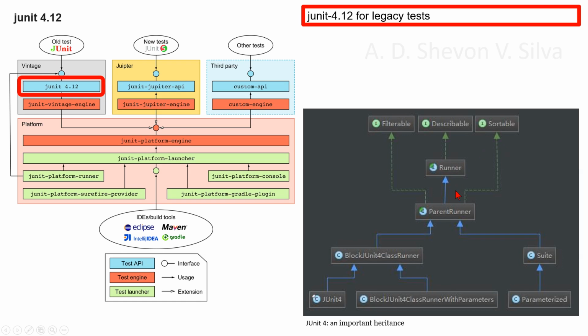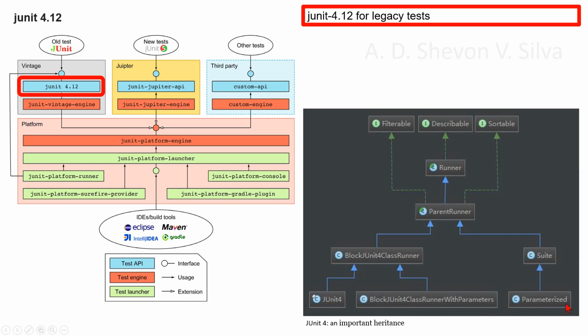And the superclass is Runner, and Runner implements the Describable interface. ParentRunner has subclasses BlockJUnit4ClassRunner and Suite. BlockJUnit4ClassRunner has subclasses JUnit4 and BlockJUnit4ClassRunnerWithParameters, and Suite has subclass Parameterized.